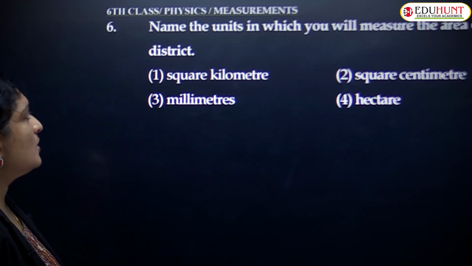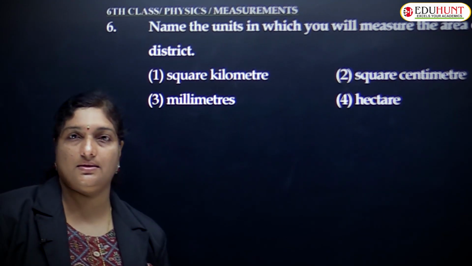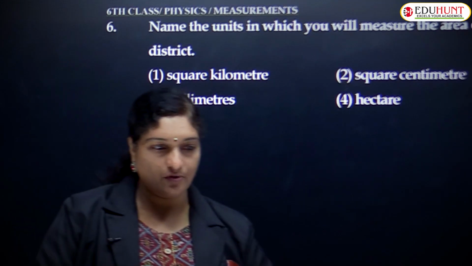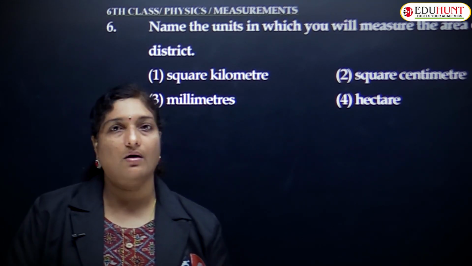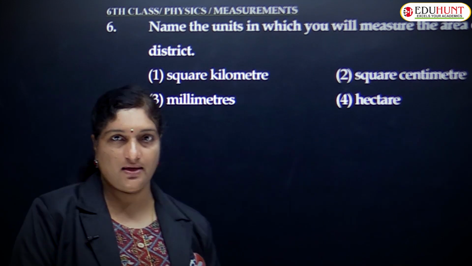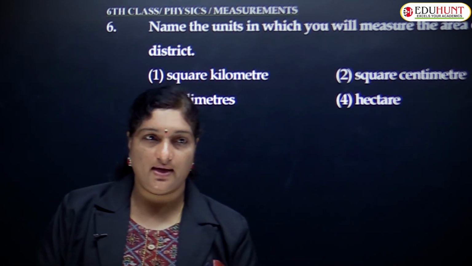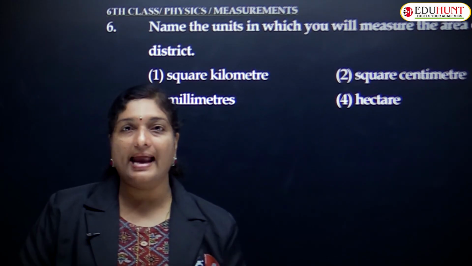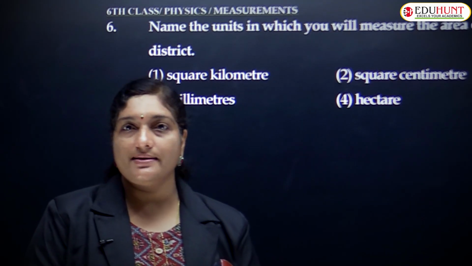Next, name the units in which you will measure the area of a district. See, children, suppose you want to measure smaller areas, you may use a scale or something like graph sheet. And if you would like to measure larger areas, suppose the area of land, then a meter scale is not sufficient.